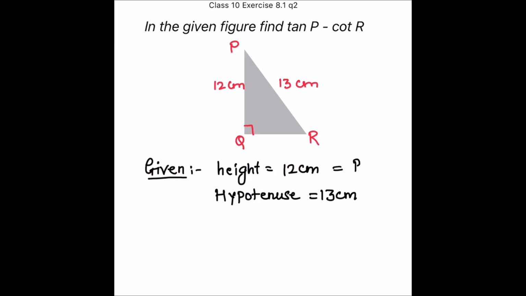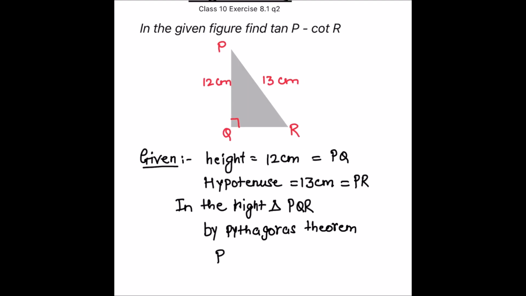Height is PQ and hypotenuse is PR. And in the right triangle PQR, by Pythagoras theorem, PQ square plus QR square is equal to PR square.